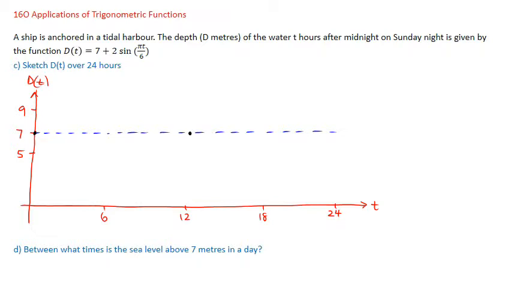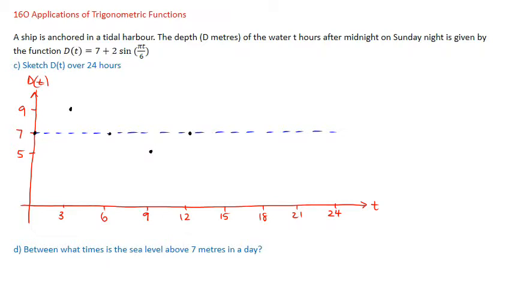It goes through that line exactly halfway between. We might add in some extra intervals: 3, 9, 15, and 21. Halfway between the first 2 points, it's going to hit its maximum because it's a positive sine graph, and halfway between the second 2, it's going to hit its minimum.